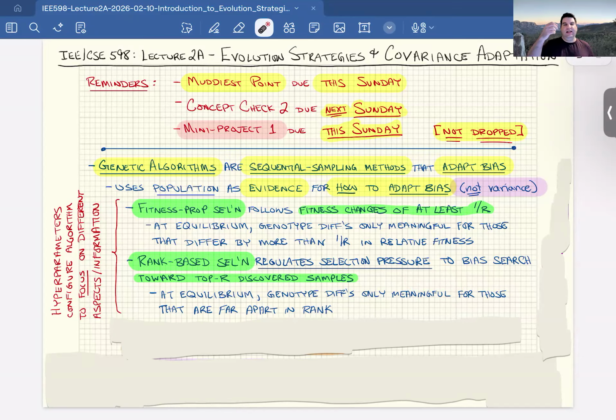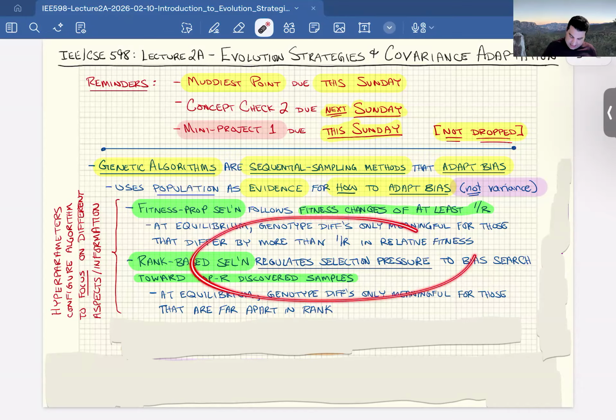The smaller the R, the less you can trust any of the orderings at the bottom of the list. So if you notice regularities in the genotype, regularities at the top of the ordering maybe are meaningful, but at the bottom of the ordering are pretty much noise. So that's how R affects that.